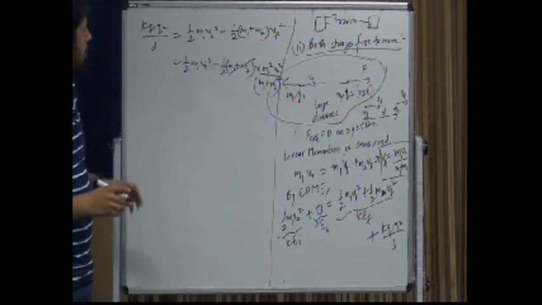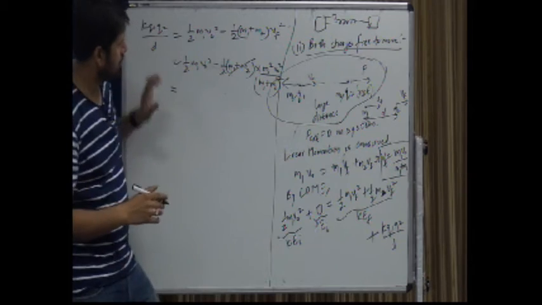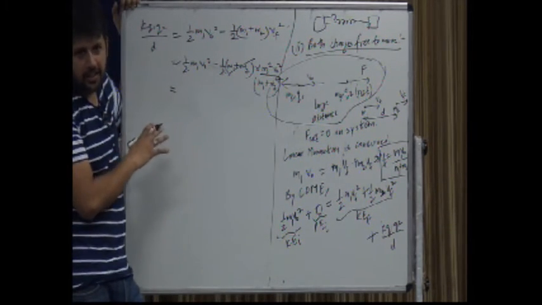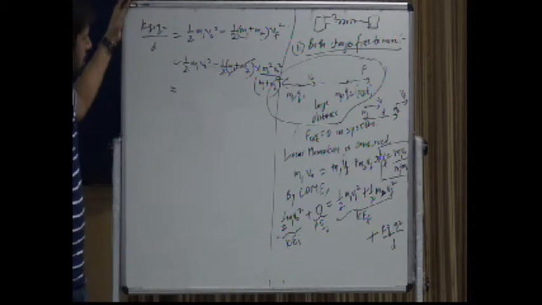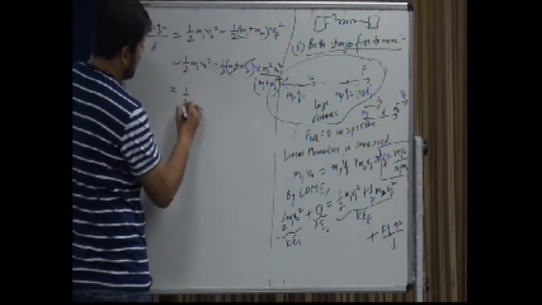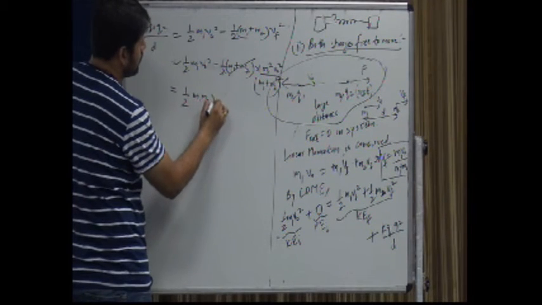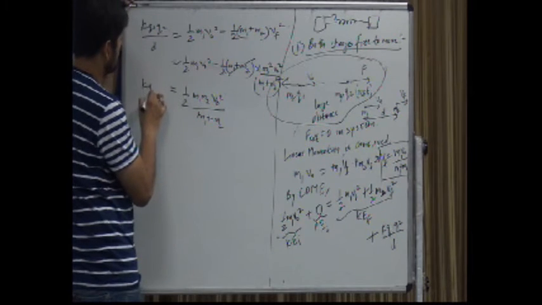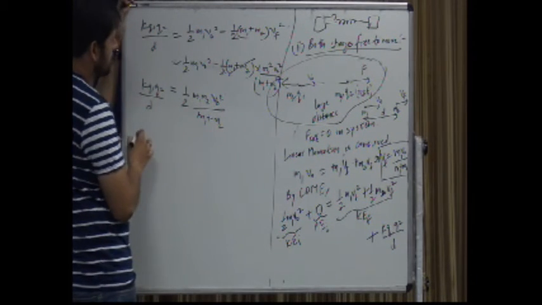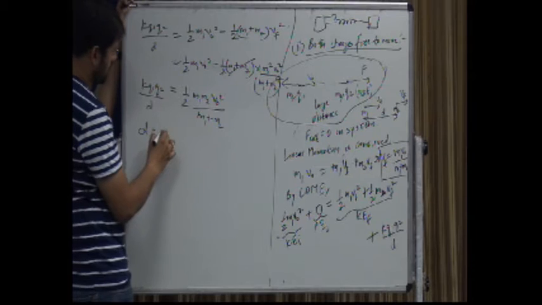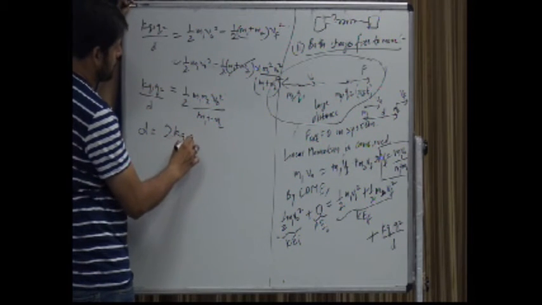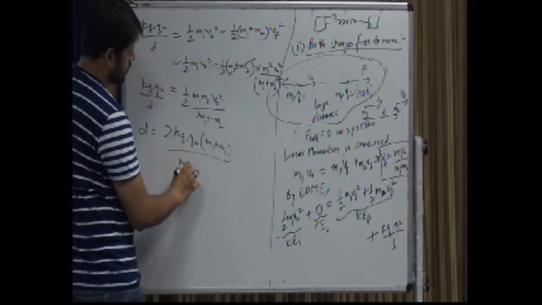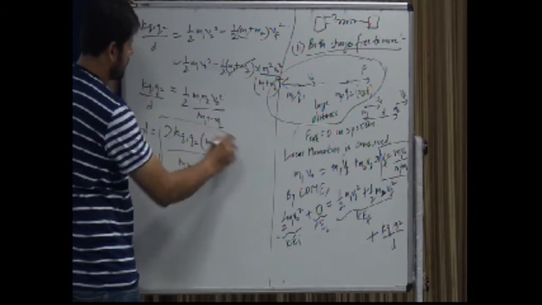I won't solve this totally; I'll directly write the result, and you can solve it on your own. The result would be half m1 m2 v0 square by m1 plus m2. So d would be 2k q1 q2 m1 plus m2 upon m1 m2 v0 square, under root.